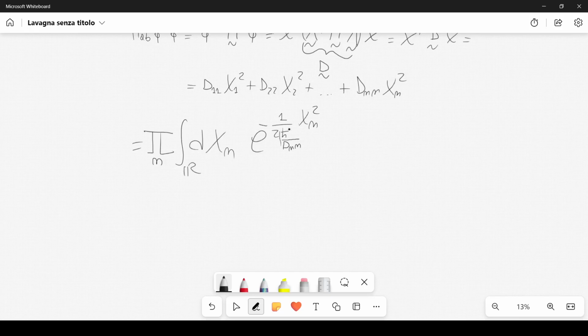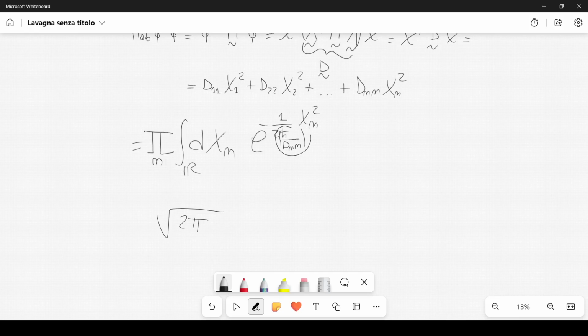Here I put 1, and now this is just simply the variance of the Gaussian distribution. So basically, the first integral will give you the square root of 2π, and then you have sigma outside of the square root.